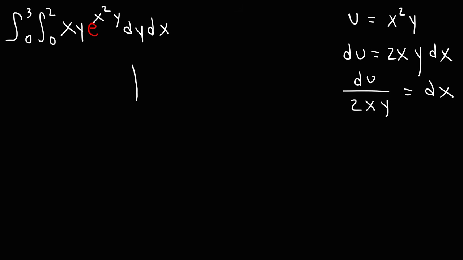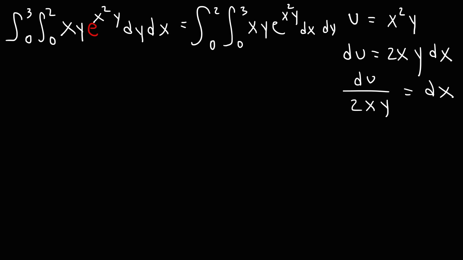But right now, we have dy written first. So we need to change the order of integration. So this is going to be the integral from 0 to 2, and then the integral from 0 to 3, xy e to the x squared y, and then we're going to put dx first and then dy. So let's focus on this part of the problem.